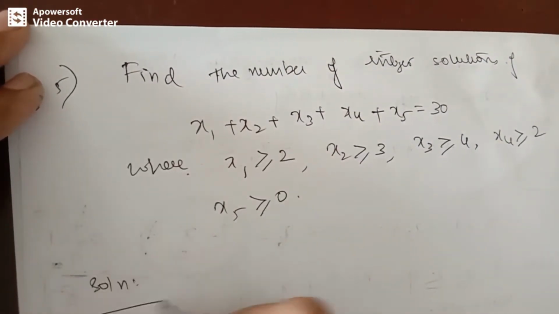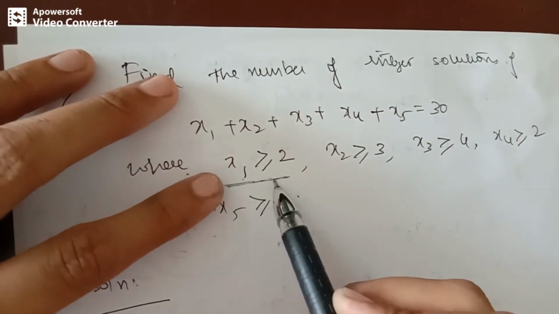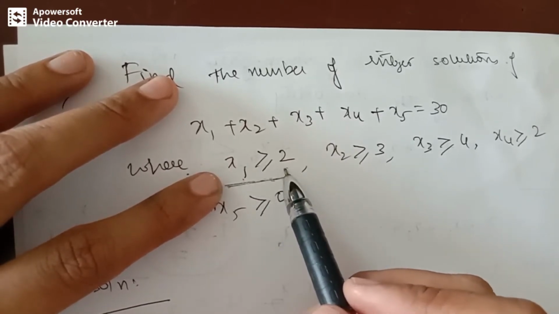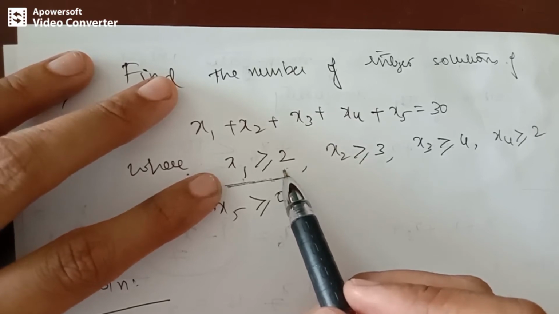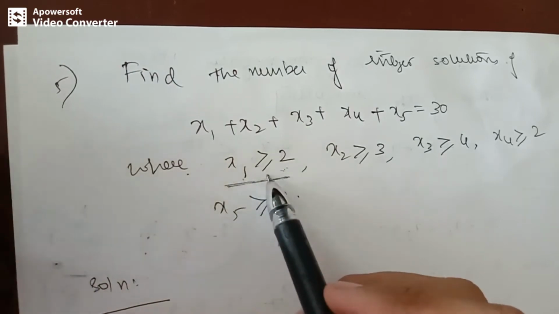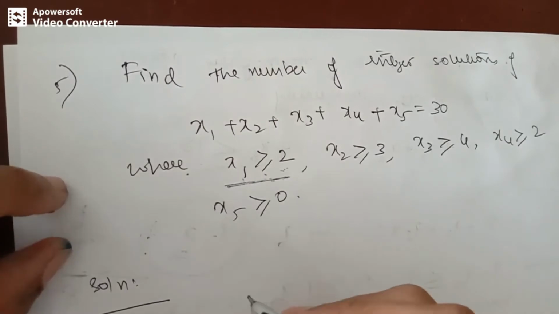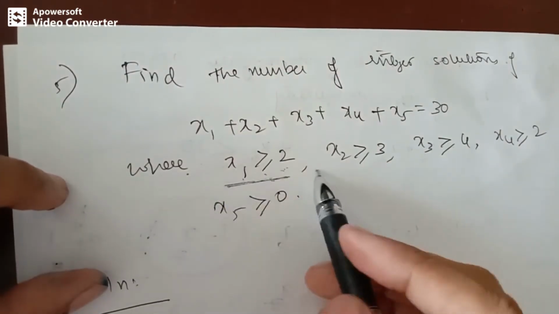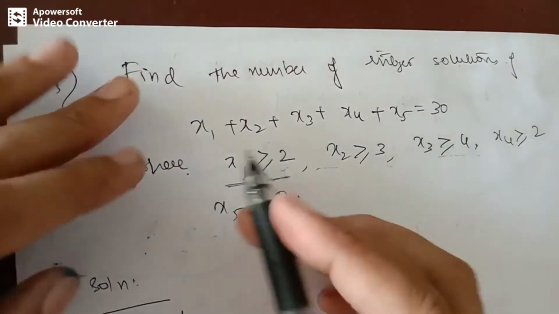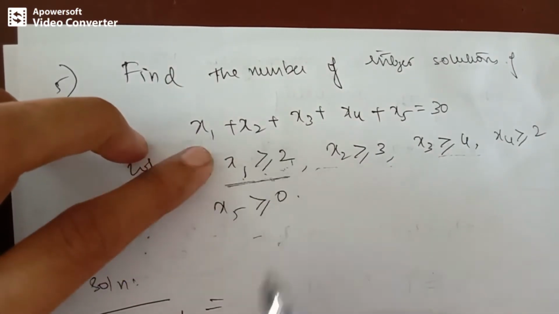So when we try to solve this, we can say that x1 is greater than or equal to 2, so how could we write this basically? First of all we have to set the values. In this case, if the question is given in this form, let's write all this in terms of y variables, wherein y1 will be x1 minus 2, right?